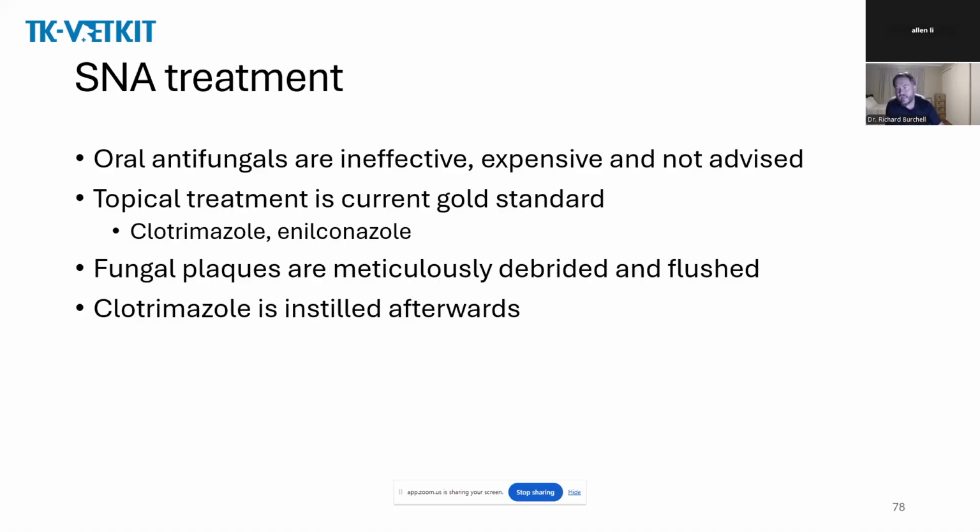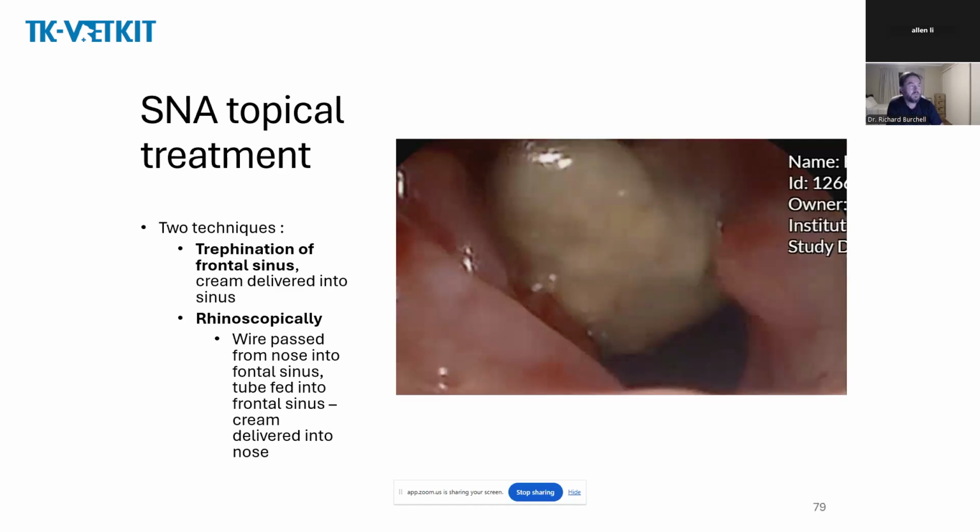Now what is recommended is that you remove the plaques. So what we do is we will use biopsy forceps and flush, and we will basically endoscopically take all of that abnormal tissue out, and then put clotrimazole or the antifungal cream in afterwards. There are two techniques that have been described to deliver the cream.